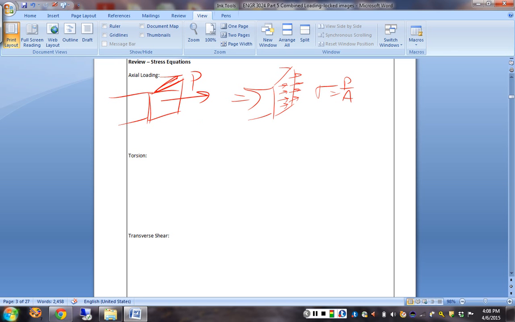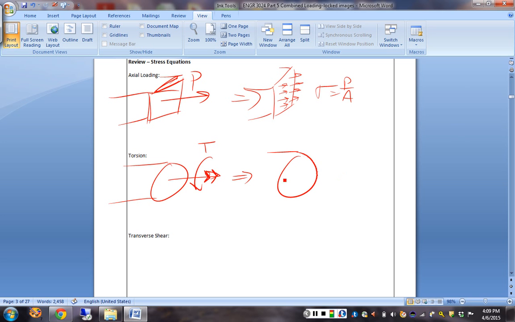If we have torsion, we can draw this with a double arrow and an additional arrow to indicate the sense of it.